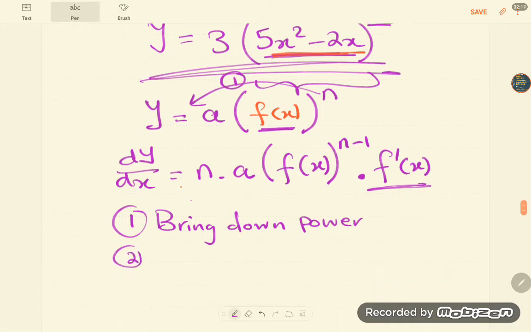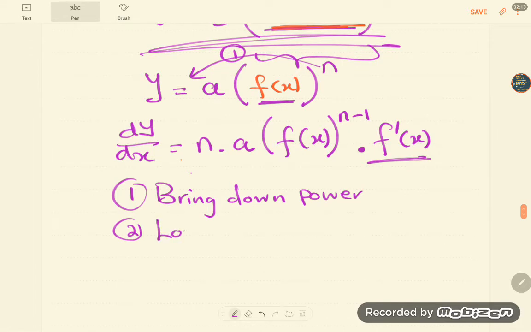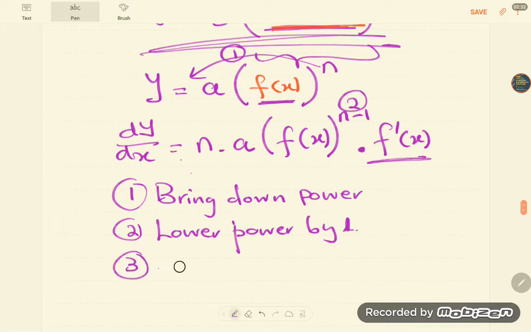And 2, it is lower power by 1, which is exactly what we did right here. And then the third step in the procedure is multiply by first derivative.